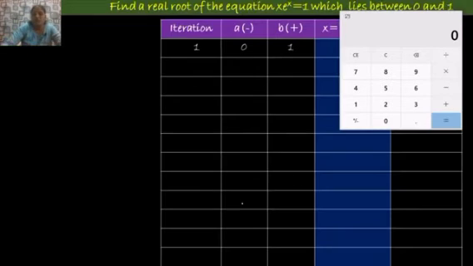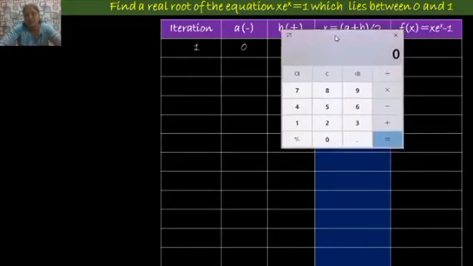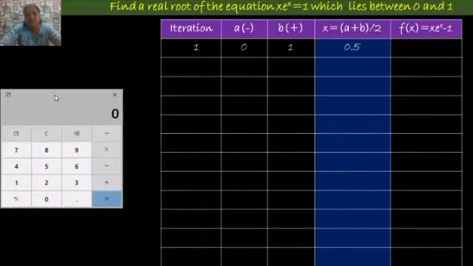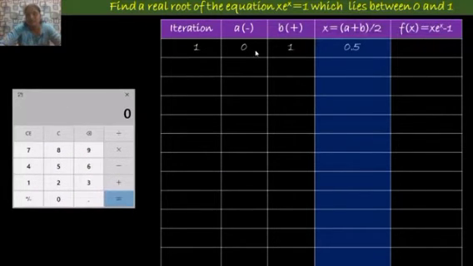Let me now list out all the successive iterations in a table form like this. In the first iteration, the root of the equation lies in the interval 0 and 1, and adding and dividing by 2 you get 0.5.